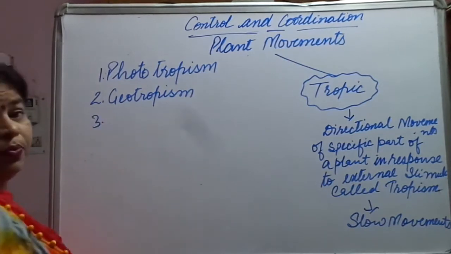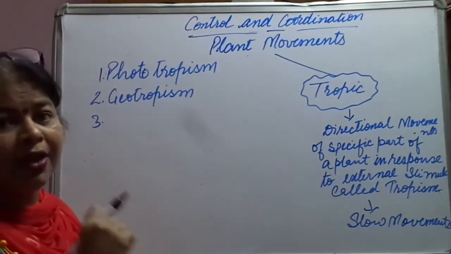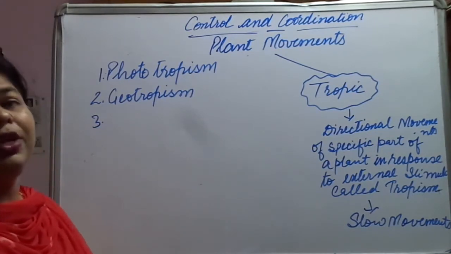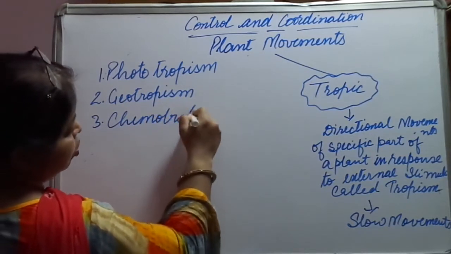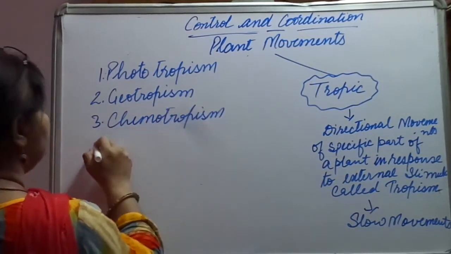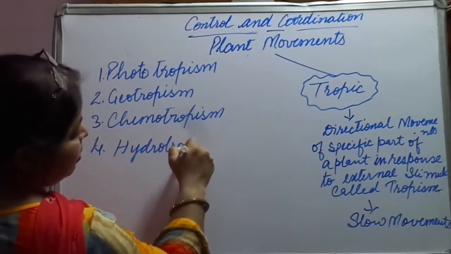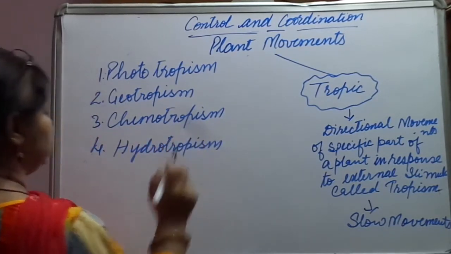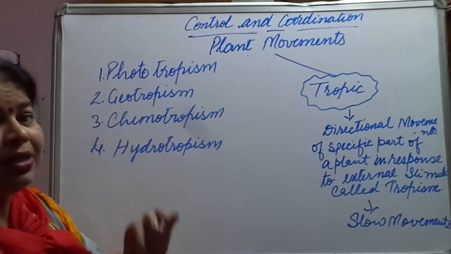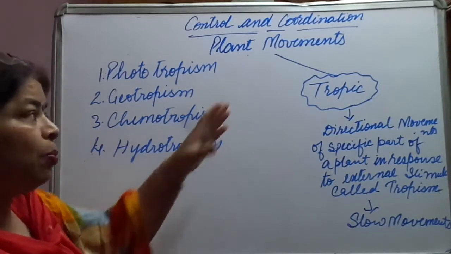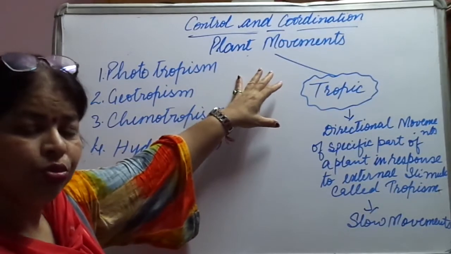Third one, and if you have read the chapter, then you might have some idea about it, is chemotropism. Fourth one is hydrotropism. By these names, I hope you can get an idea of what the stimuli are towards which the plant part is going to show any change.